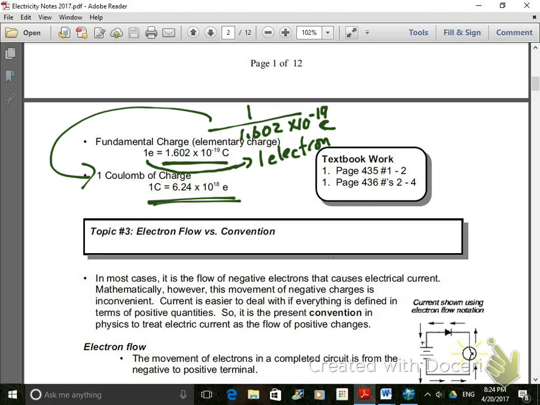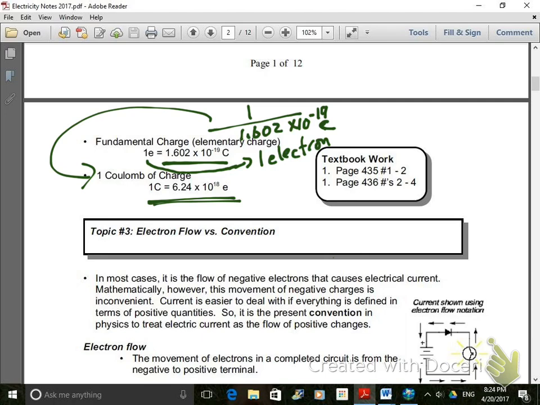This is a number like the mole in chemistry, right? This is a set number of electrons. So when we talk about 1 coulomb, which will eventually link to 1 amp of current, 1 coulomb of charge is 6.24 times 10 to the 18 electrons. So it's a whole bunch of electrons stuck together. And that is the general movement that we discuss when we talk about a charge moving through a circuit.